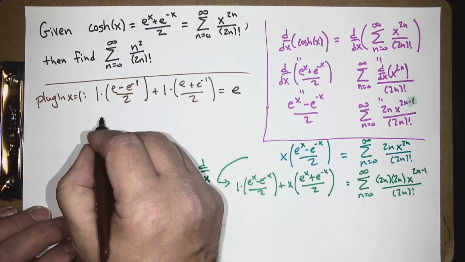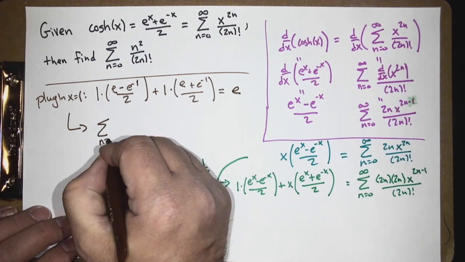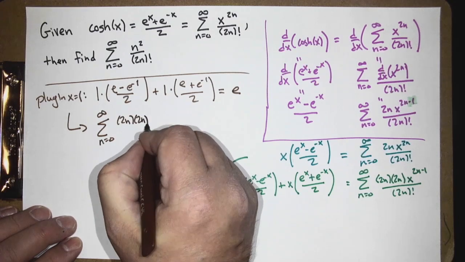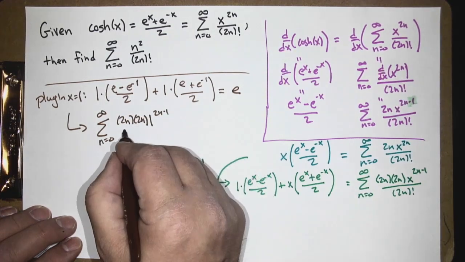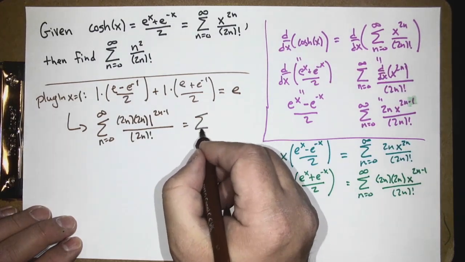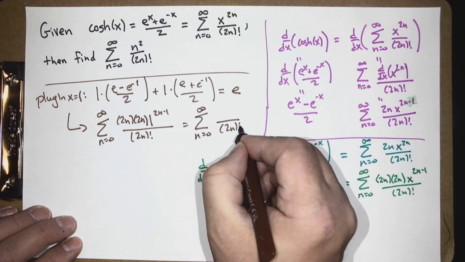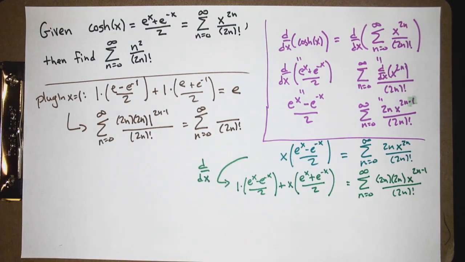On the other hand, we also have on the other side the sum 0 to infinity 2n times 1 to the power 2n minus 1 over 2n factorial. Well, the 2n factorial downstairs, that looks great. What is 2n times 1 to the 2n minus 1? 4n squared.